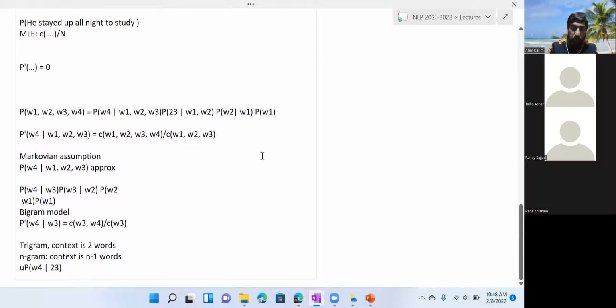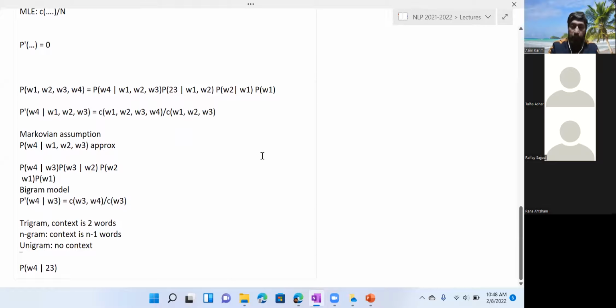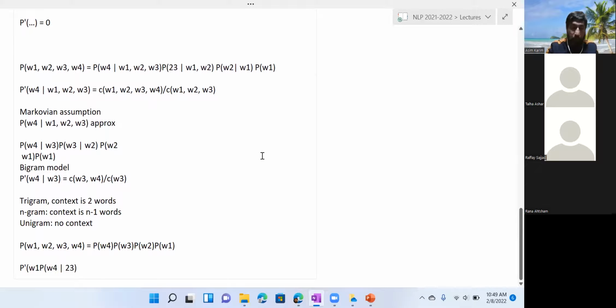And the special case is the Unigram model. Unigram model, no context. So let's say if you wanted to estimate the probability of W1, W2, W3, and W4 using the Unigram model, you simply have W4 multiplied by W3 multiplied by W2 multiplied by W1. So this is the Unigram model. And then, of course, if you wanted to find any of these estimates, W1 is simply count of W1 divided by N. Okay?